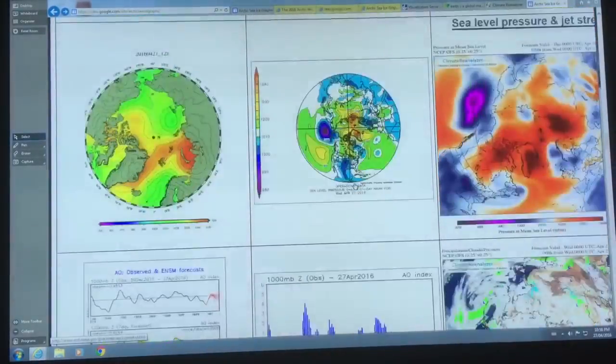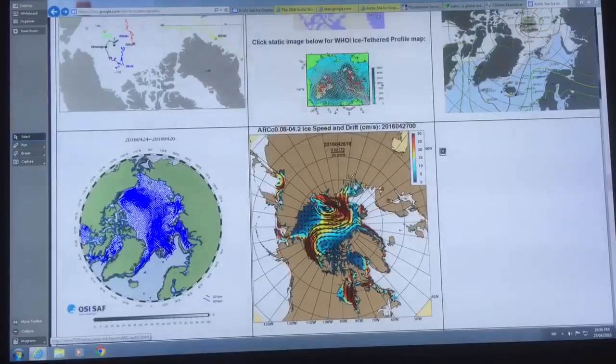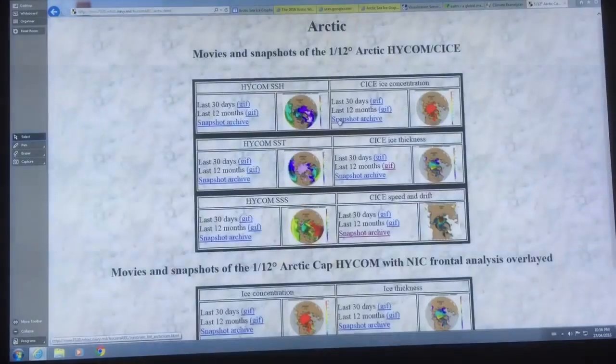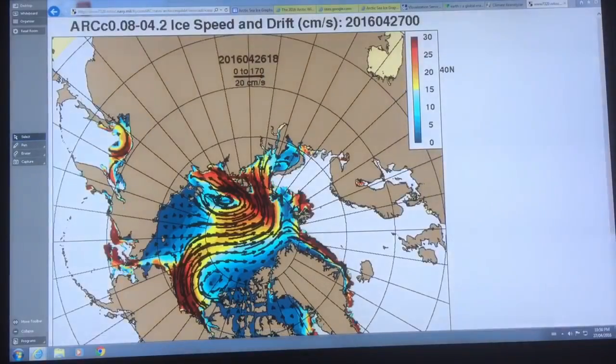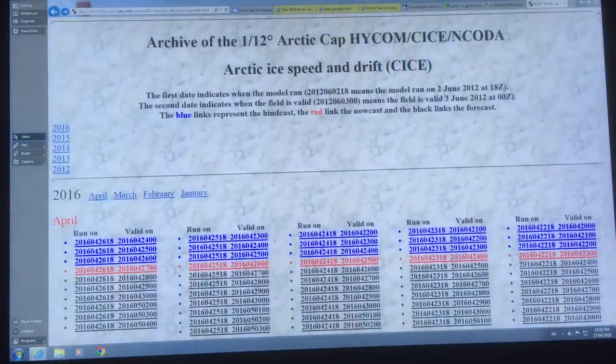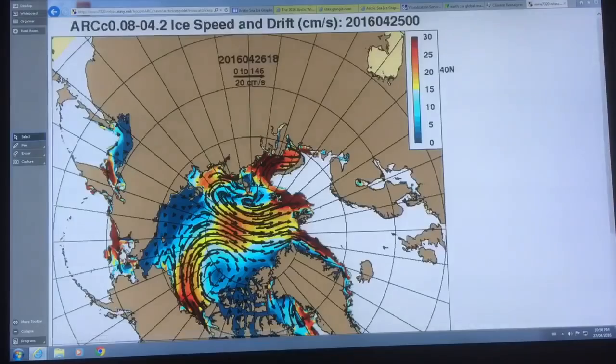And if we look at what's happening with the actual movement of the sea ice, the drift, you can see the sea ice export is very dependent on these types of patterns. The ice is moving very quickly here. Go back a bit, and you can see there's a lot of export because of the cyclonic patterns that are moving through the Arctic.